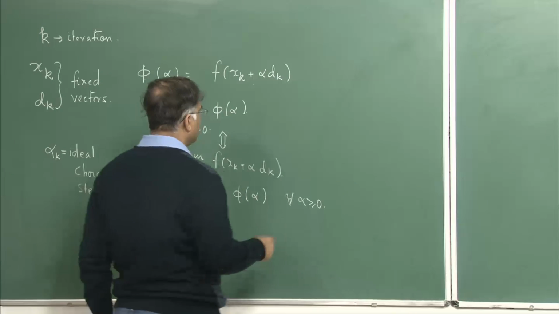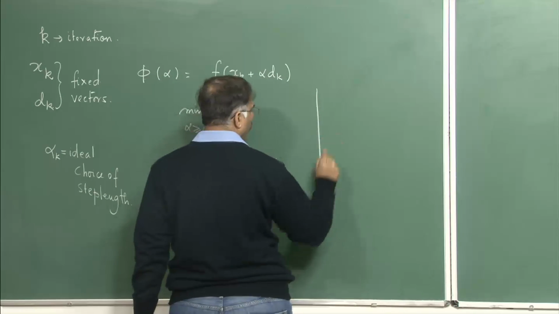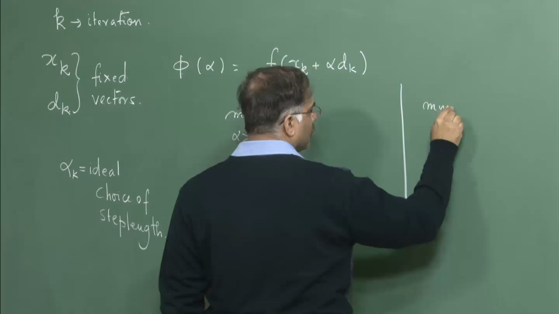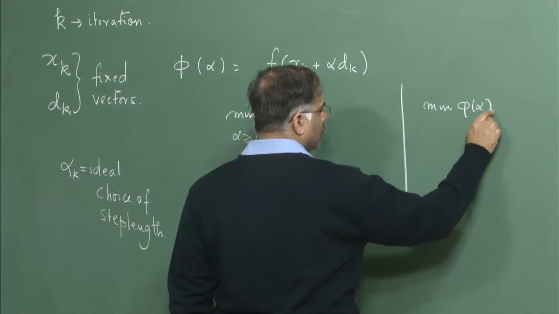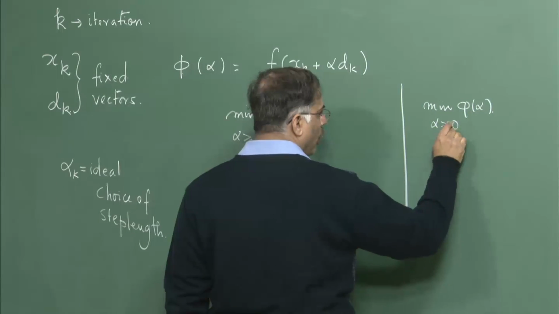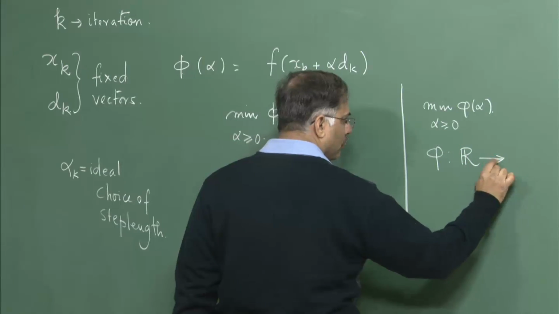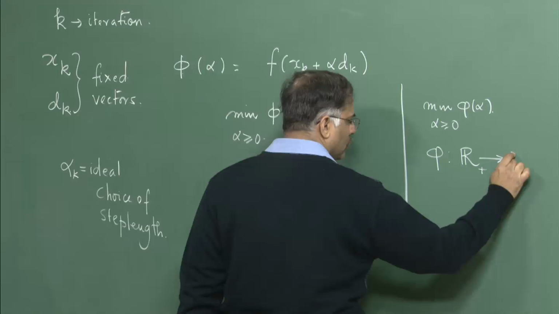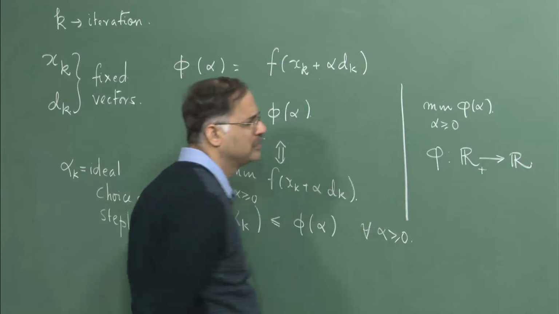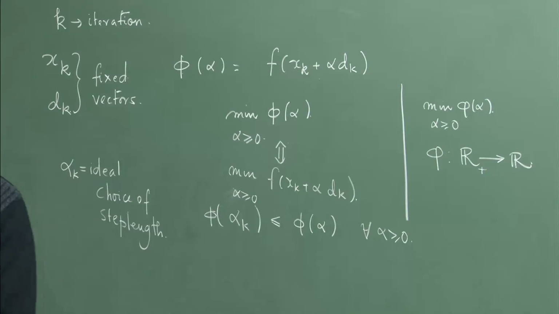Difficult in the sense that we want to minimize the function phi of alpha over alpha greater than or equal to 0, where phi is a function from R plus to R. R plus is the set of all non-negative real numbers.